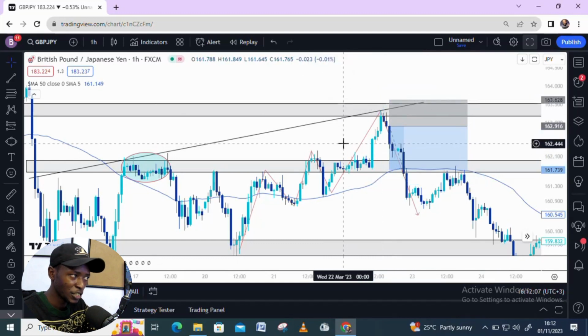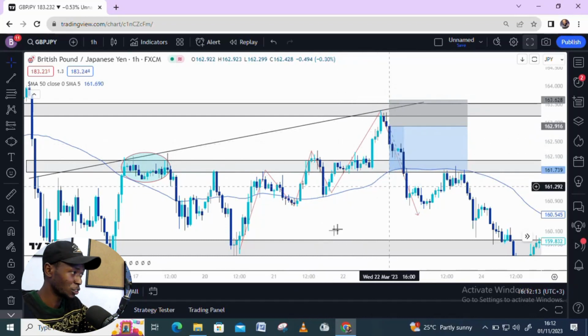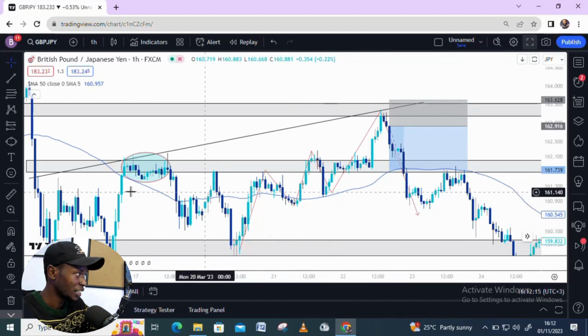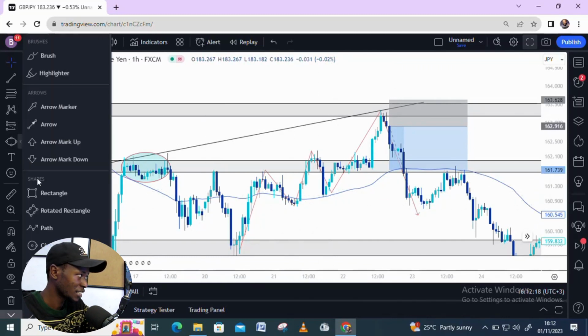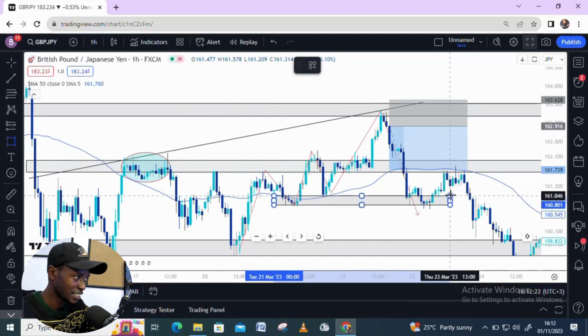Since you are trading against this established trend and you don't have a way of knowing price is going to break through here, you take your profits at this next zone.